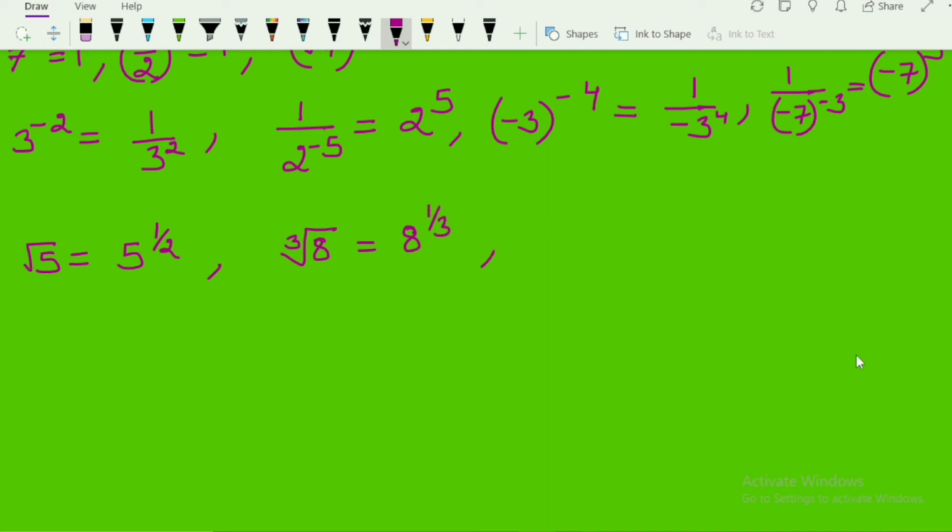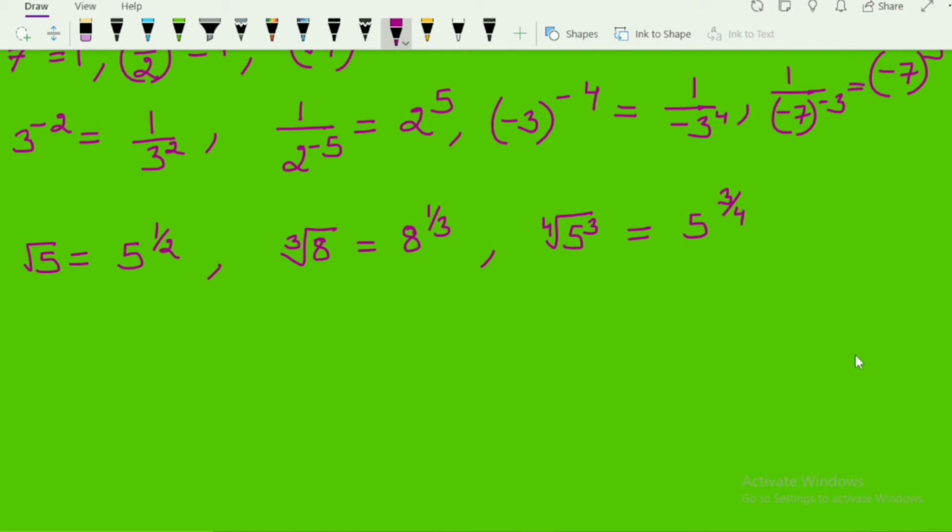Let's take another example. Say we have 4th root of 5 cube. So we write 5 to the power 3 upon 4. So this is the way we write the numbers.